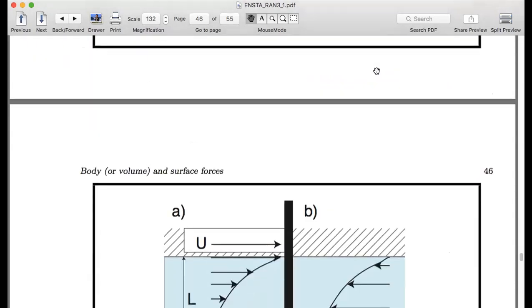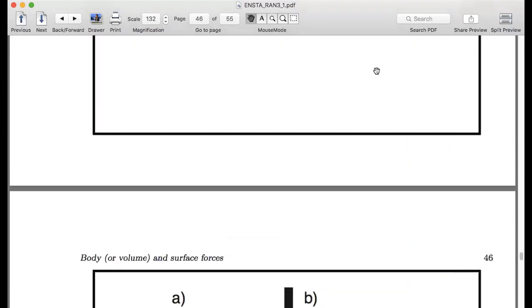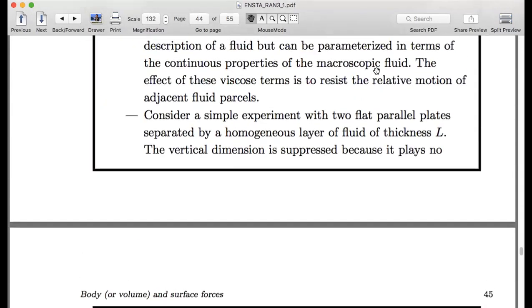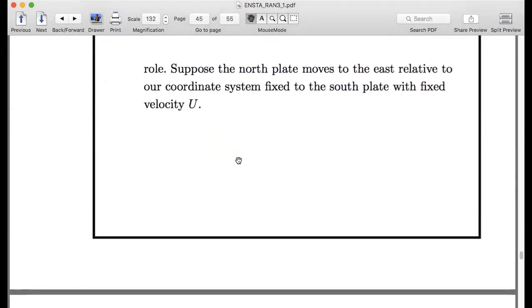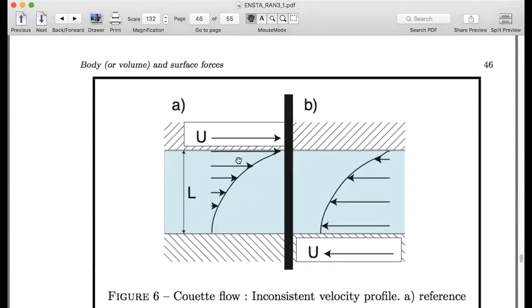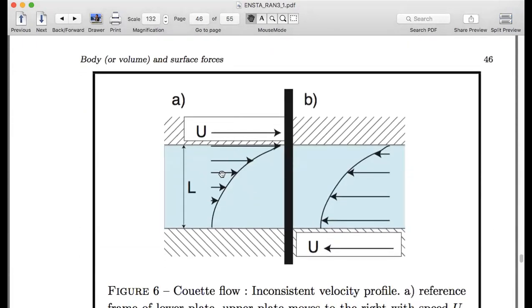Okay, so I'm going to consider a simple experiment with two flat plates parallel to each other, and they're separated by a homogeneous layer of fluid of thickness L. The vertical dimension is going to be suppressed, just like I did for that other diagram, because it's much easier to show in 2 dimensions.